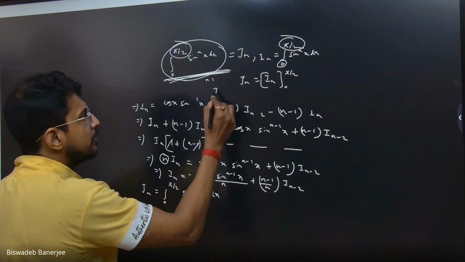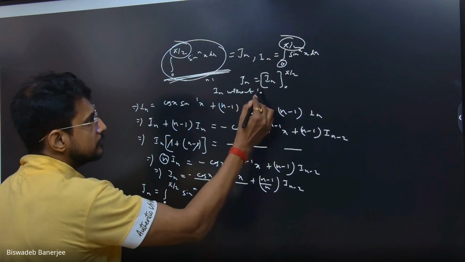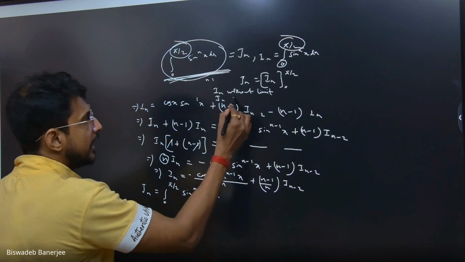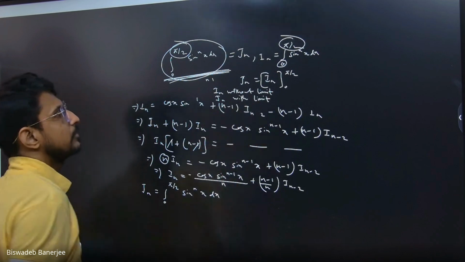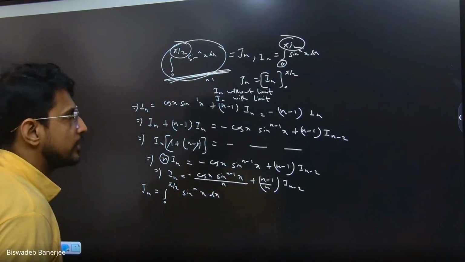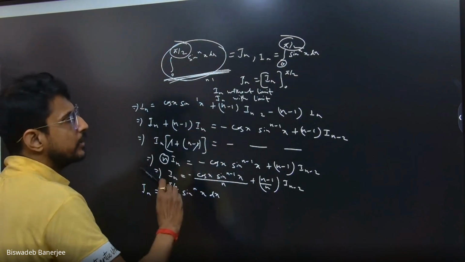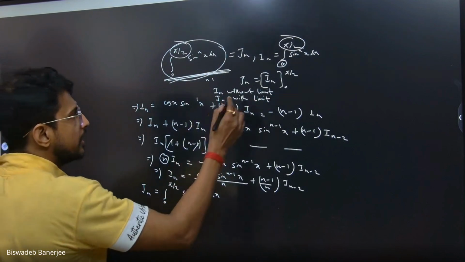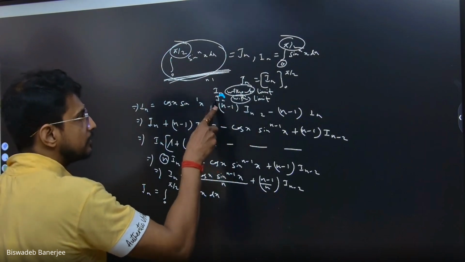Basically, In is without limit and Jn is with limit. That is the only difference between them. Just write this: In is without and Jn is with.